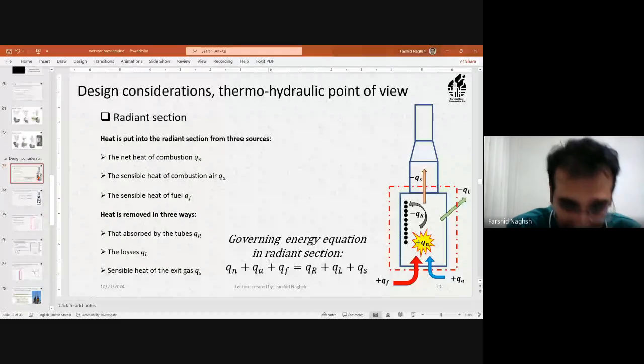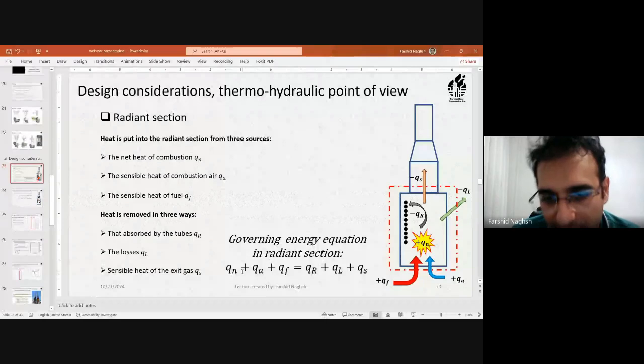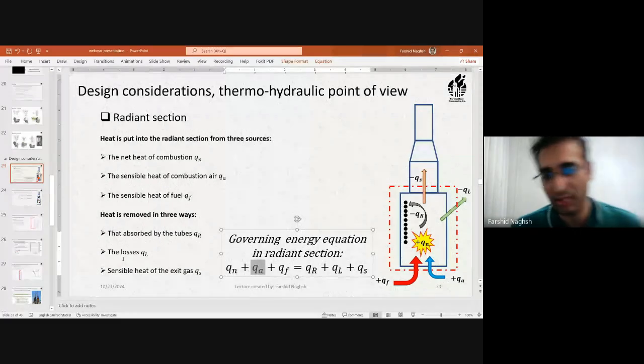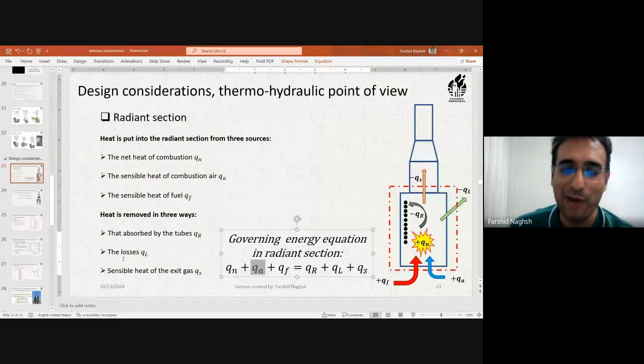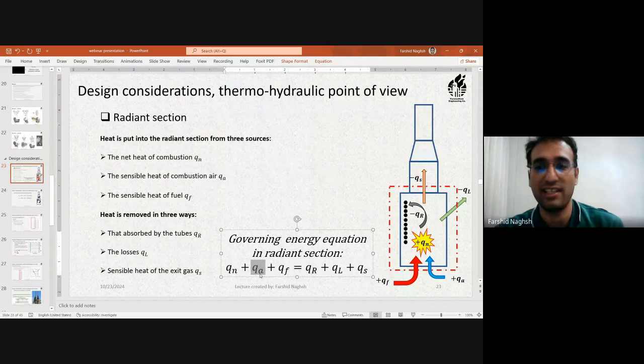The great thing that the scientists did was to calculate the different terms of this equation, which I do not intend to go through. It would need something like 15 to 20 hours to discuss how they were able to solve the radiation problems inside the heater.